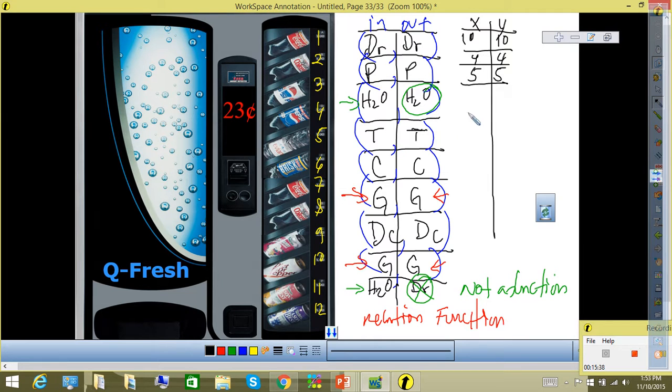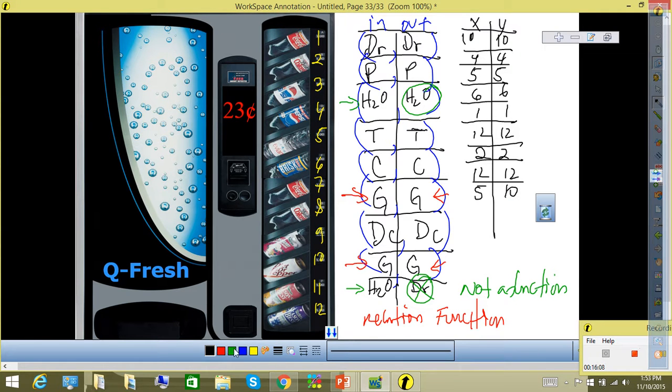Tea is 6, 6. Coke is 1, 1. Grape is 12, 12. Diet Coke is 2, 2. Grape is 12, 12. But then they pressed water, which is 5. And then what did we get out? Dr. Pepper, which is 10.